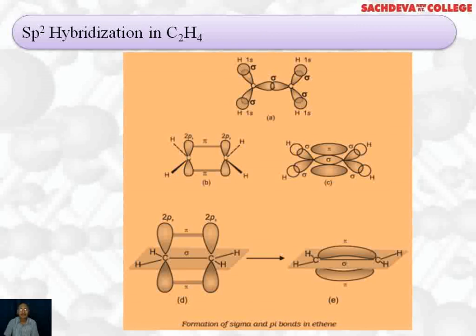And after that, the pi bond is formed by the 2px and 2px orbitals. A pi bond is always formed by sideways overlapping, so electron density is above and below the plane of the internuclear axis. So in the ethene molecule, each carbon is sp2 hybridized, the bond angle is 120 degrees and it has a planar shape.